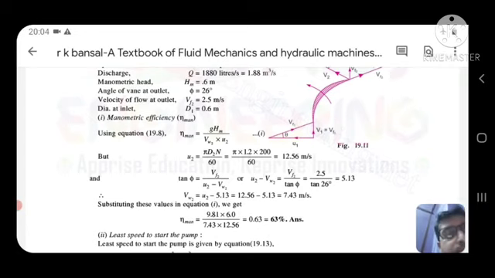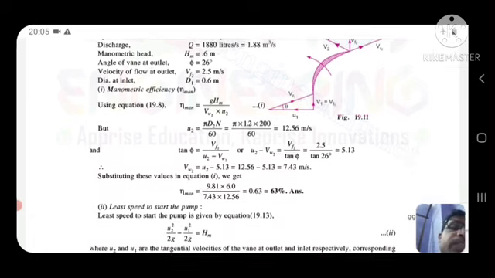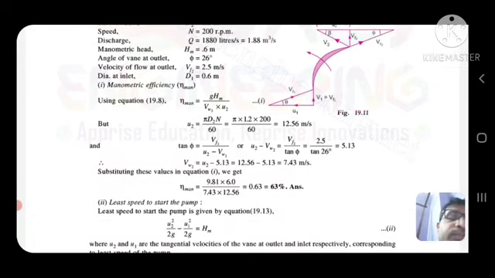Efficiency: eta manometric is g Hm by U2 Vw2. U2 is equal to pi D2 N by 60, pi into 1.2 into 200 by 60, so 12.56 meter per second.